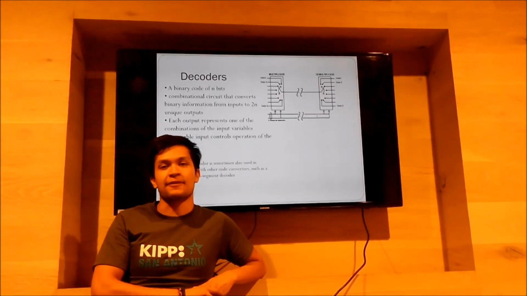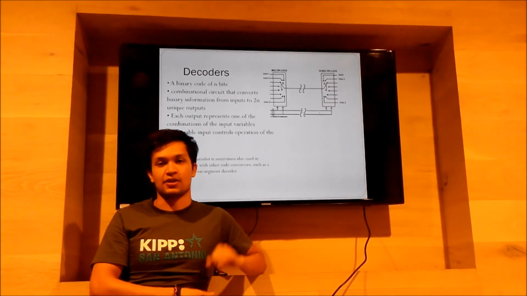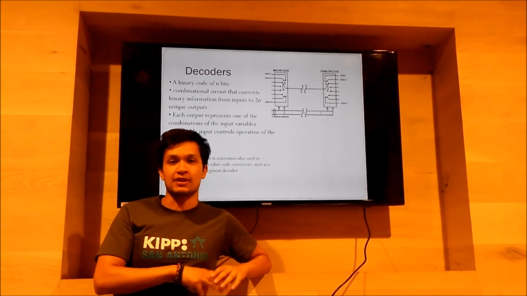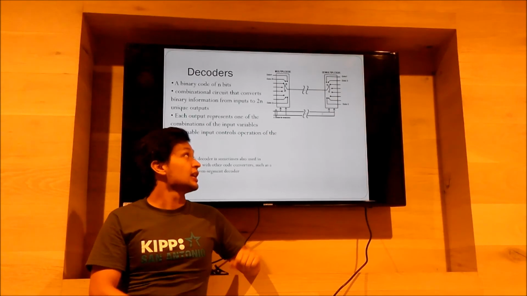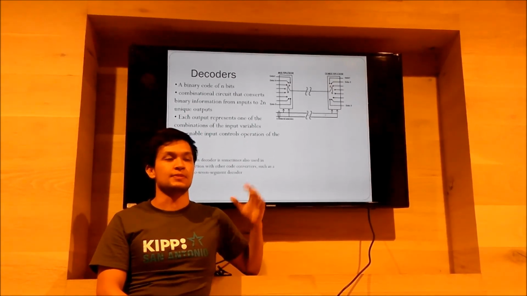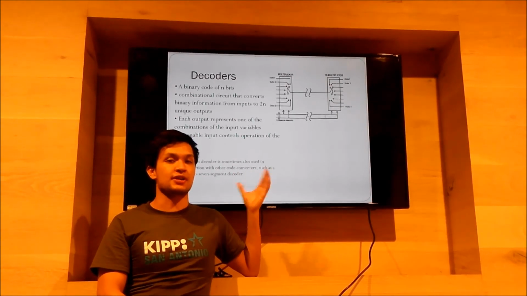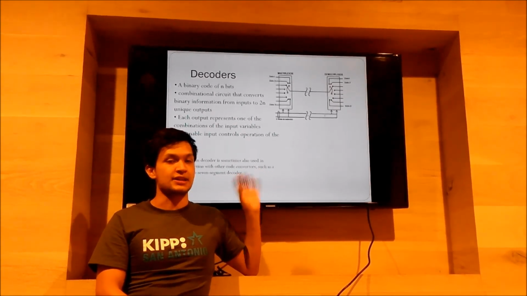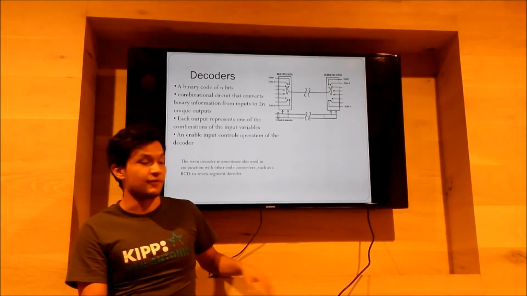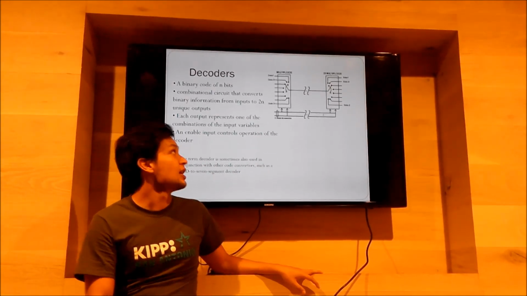To summarize, we have finally the decoders and encoders. These two final function blocks are basically another name for multiplexer and demultiplexer. Why is this? Because they have the same function as we explained before.